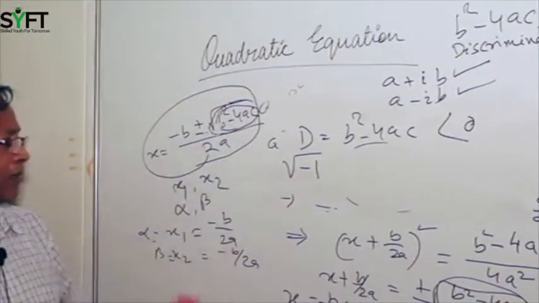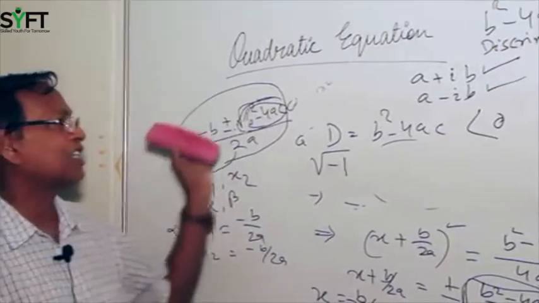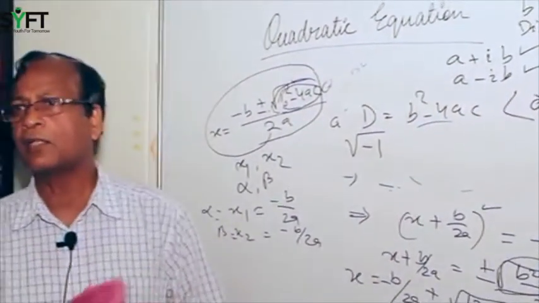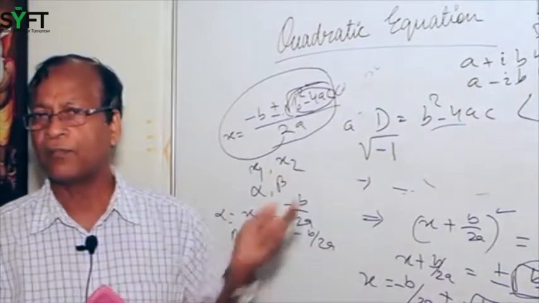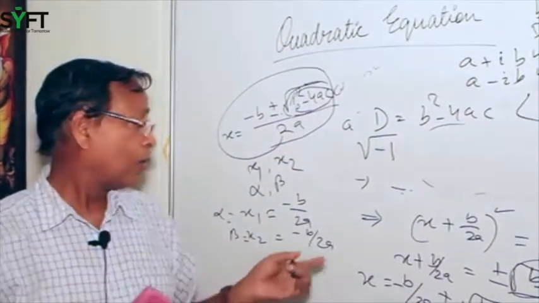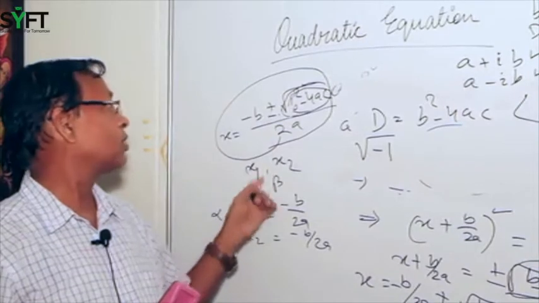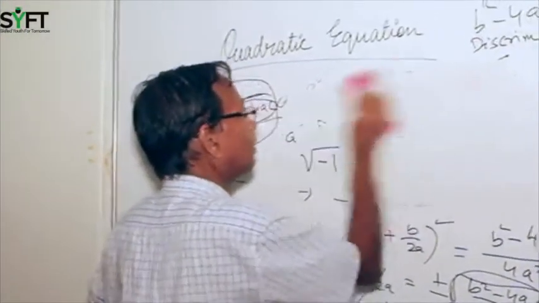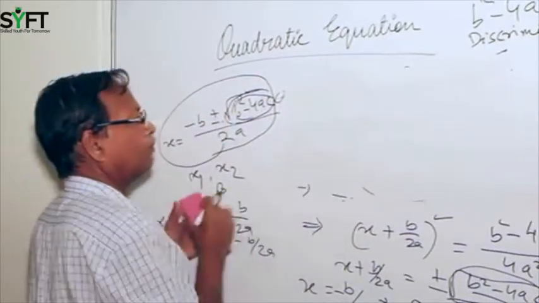So these are the conditions of the discriminant, and this is very, very important for you guys who are appearing in competitive exams. And remember, the sum of the roots is equal to minus b by a.